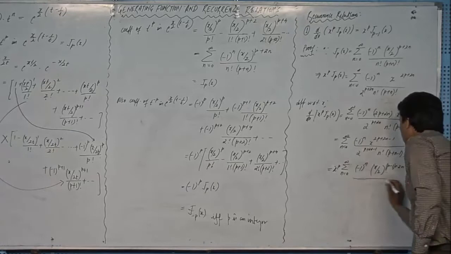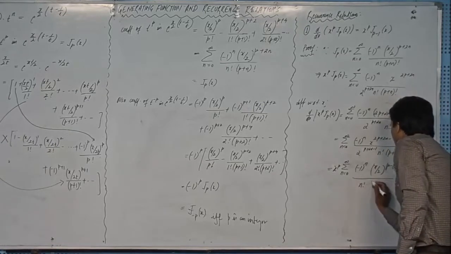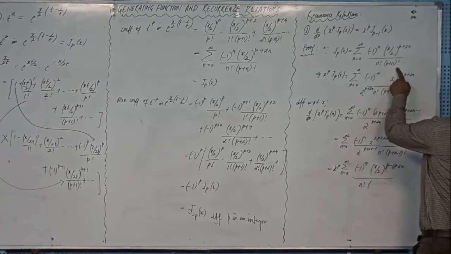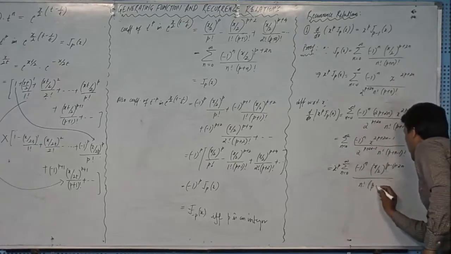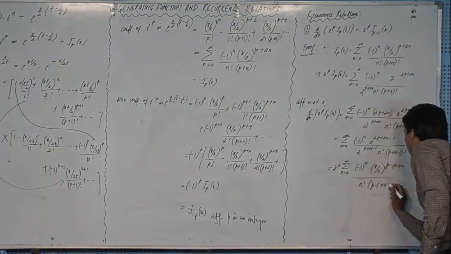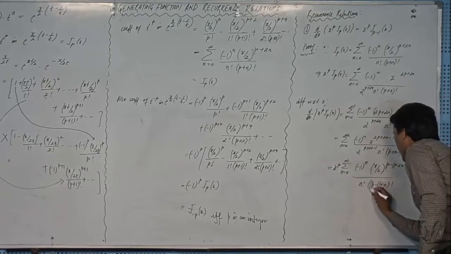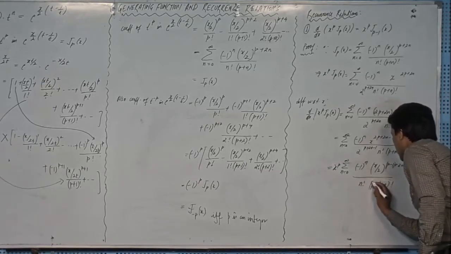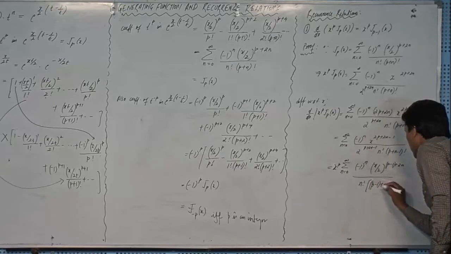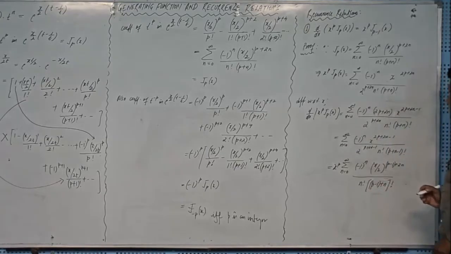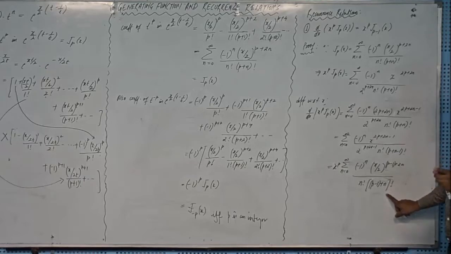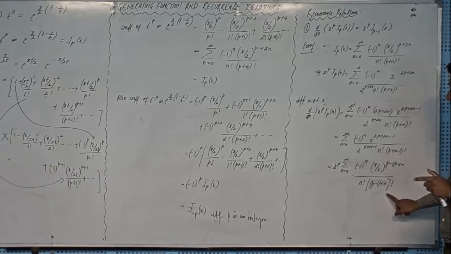And divided by n factorial, and it was actually p plus n factorial, but now it is p minus 1 plus n whole factorial, right? I write it this way, in brackets. Now you can see that this is clearly J p minus 1. Why J p minus 1?